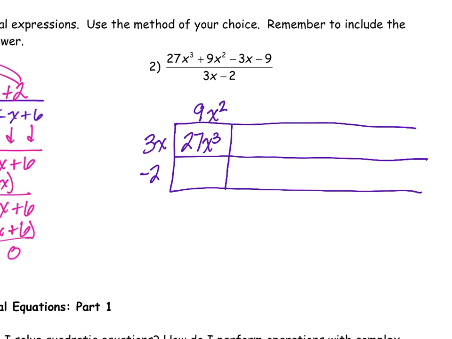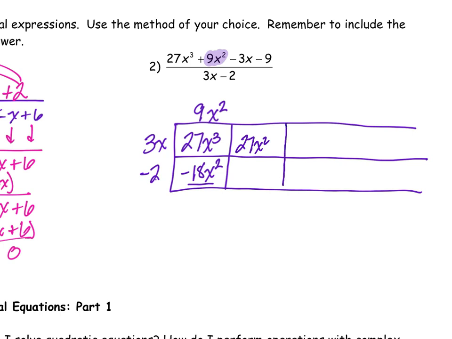Yeah, that's right. Okay, so negative 2 times 9x squared is negative 18x squared. And then I ask myself, what do I add to negative 18x squared to get 9x squared? And I think that's 27x squared.